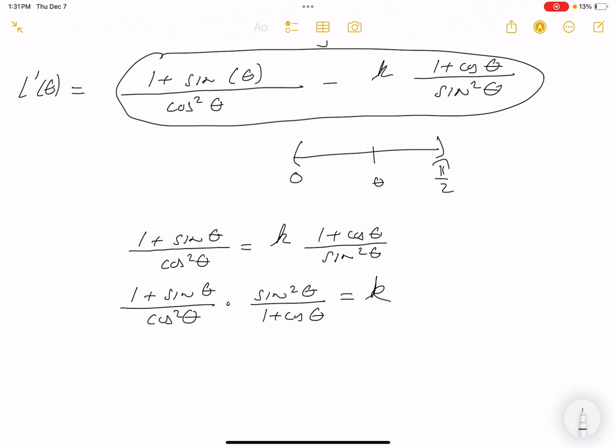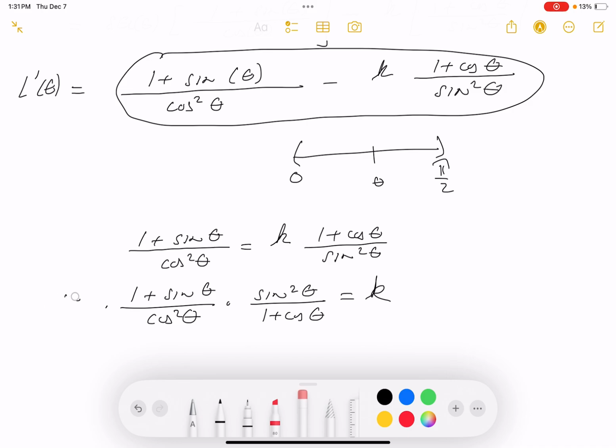And I'm going to multiply the top and the bottom by 1 plus sine. Not 1 plus, sorry about that. 1 plus sine theta. I did it again. I don't want that. 1 minus sine theta. All right, let's go through that. What do you get?